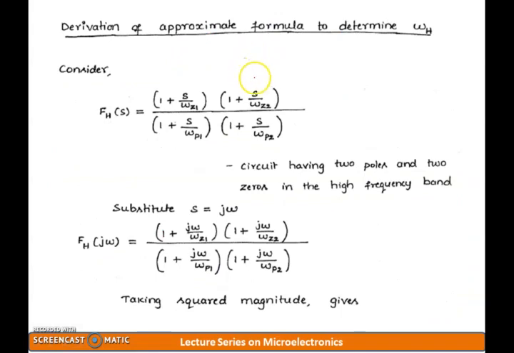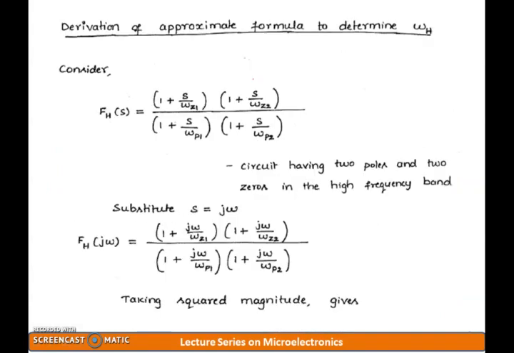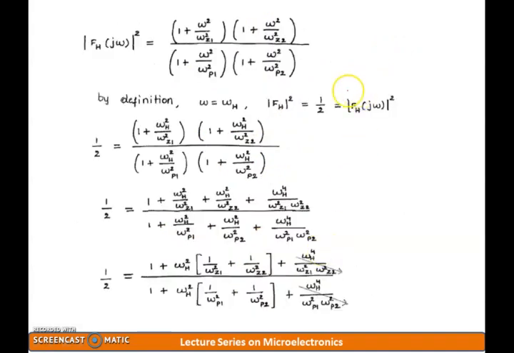Now one of the methods that can be taken into account when I want to determine omega h is, like I said, the concept of the transfer function. This is the transfer function I have. I straight away substitute s equal to j omega. Once I take the substitution, and if I take the squared magnitude, that will fetch me a value of this particular thing.